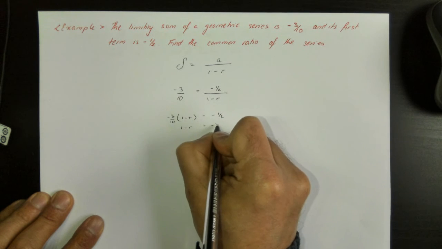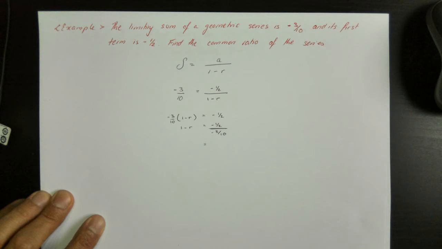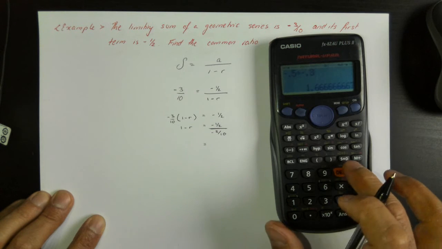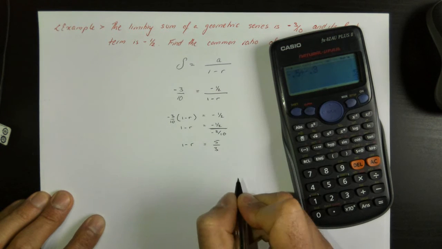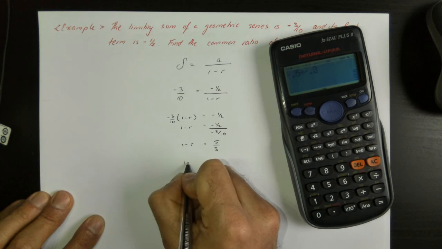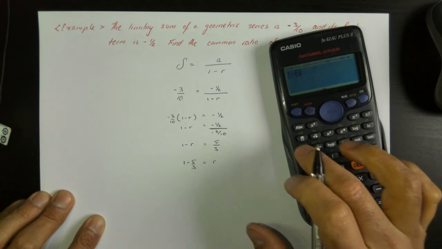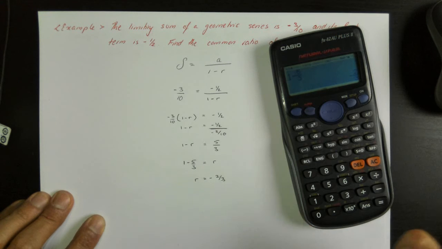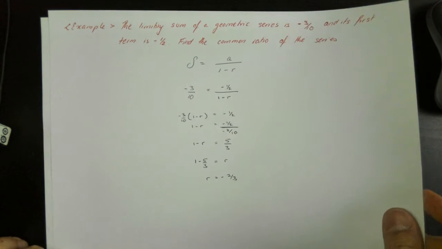Divide by that. So negative 0.5 divided by negative 0.3, I get 1 minus r is equal to 5 on 3. Swapping these two around, I get 1 minus 5 on 3, which equals r. So r is negative 2/3. Just using the formula and using algebra to find the unknown.